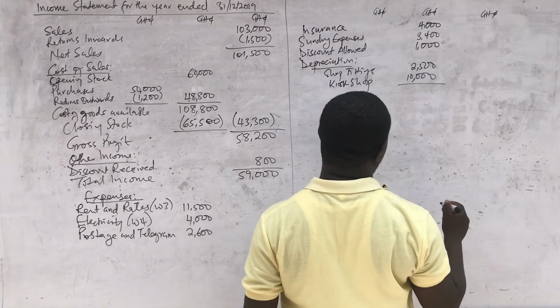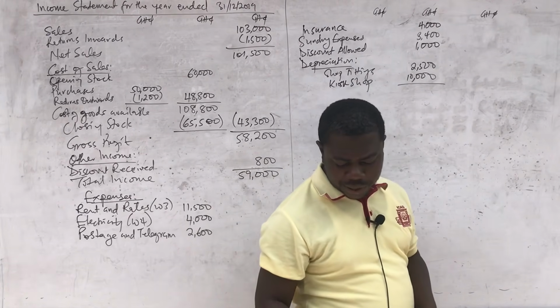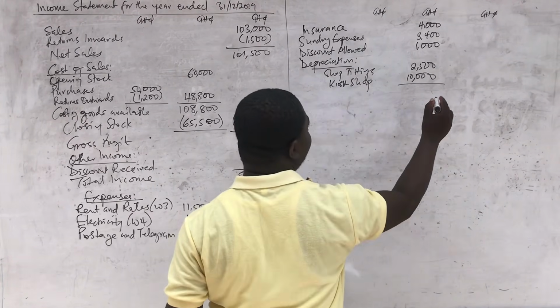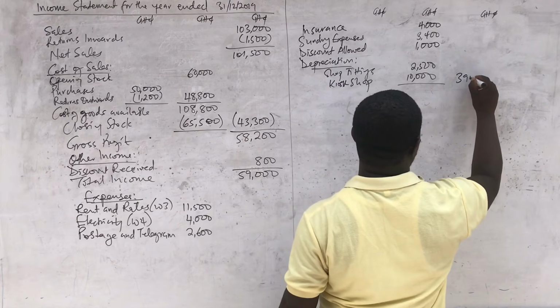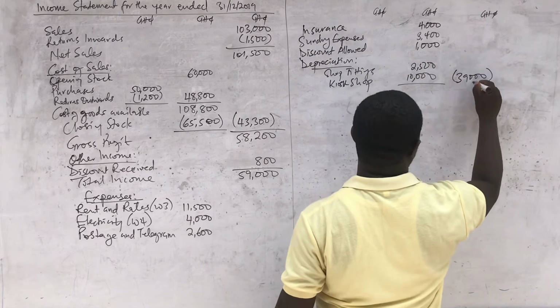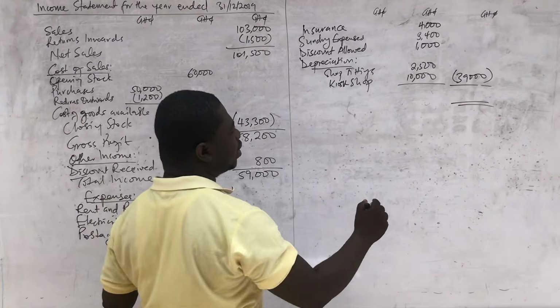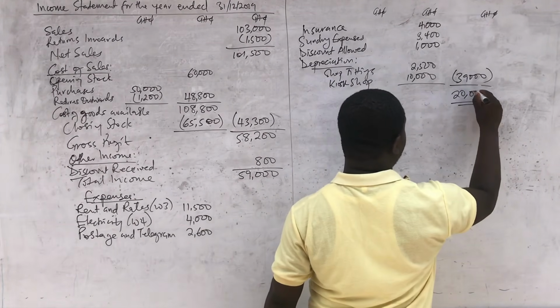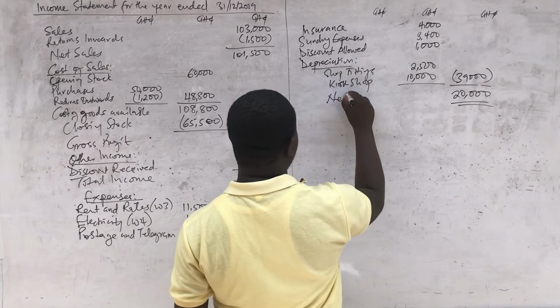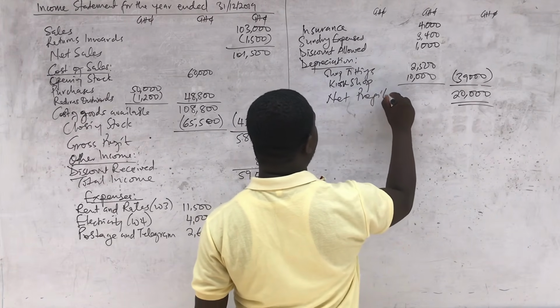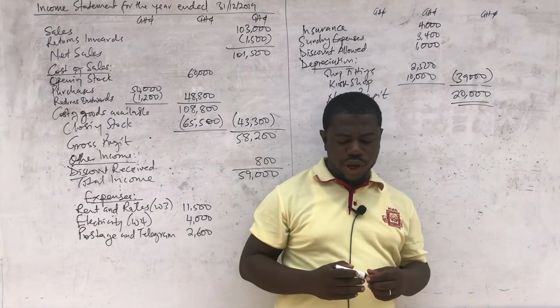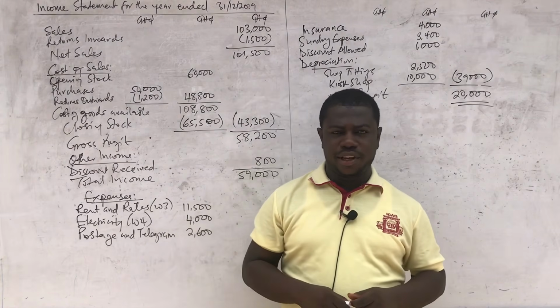So when we add that up, our total expenses is going to be 39,000 Ghana cedis. So when we take 39,000 from 59,000, we are going to have 20,000 Ghana cedis as our net profit for the period. So that is how we are going to arrive at our net profit.